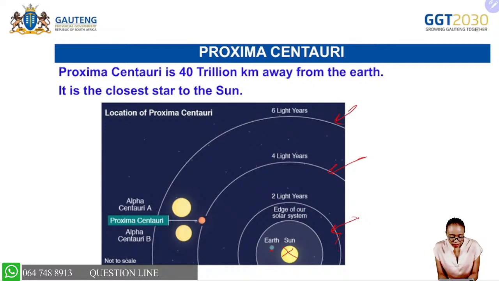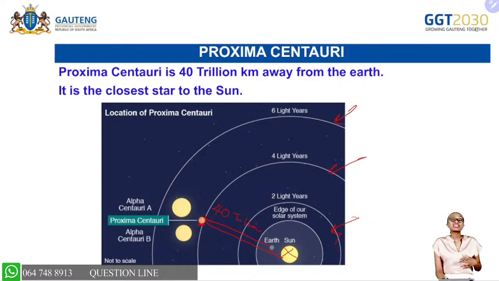Now, this is the position of Proxima Centauri, and between Proxima Centauri and the sun, this is quite a distance. If we're 150 million kilometers from the sun and Proxima Centauri is 40 trillion kilometers from us, then if you add the two, that is the distance of Proxima Centauri and the sun. Now, this is us, this is the Earth. So the distance between us and Proxima Centauri is 40 trillion.